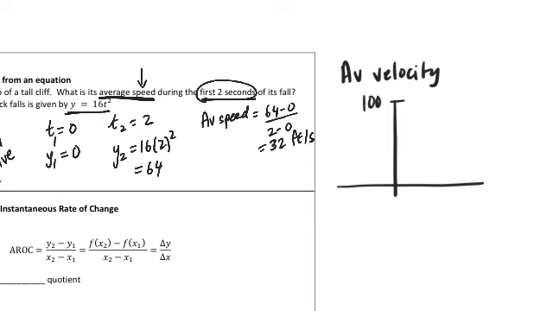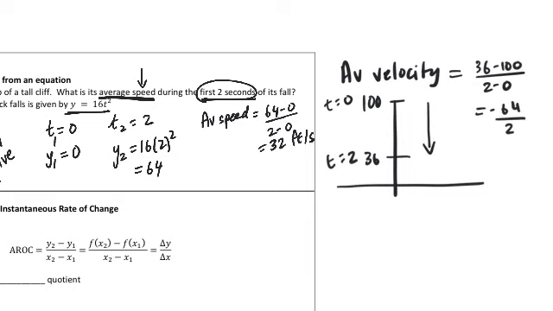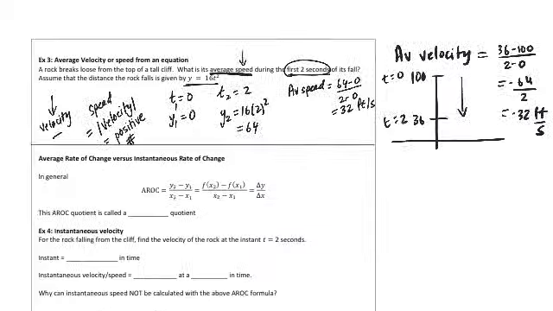We know that the distance fallen is 64 feet in the first 2 seconds, right? So that means that we're down by 64. So we're now at 36 feet, right, at t equals 2. So t equals 0 is up here, t equals 2 would be here. And so really our calculation would become 36 minus 100 over 2 minus 0, or negative 64 over 2, negative 32 feet per second, right?